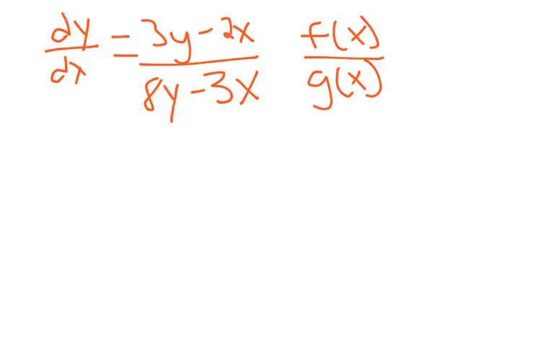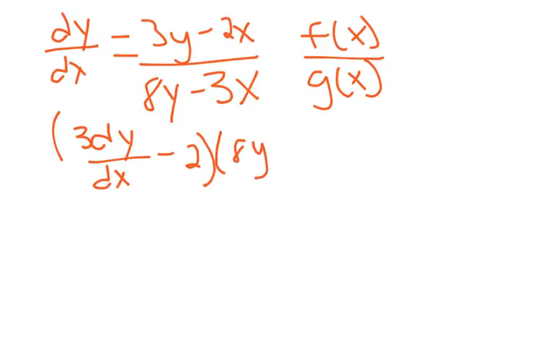Now using the quotient rule, f prime of x is going to be 3 dy over dx minus 2, and we're going to multiply that by g of x, which is 8y minus 3x.